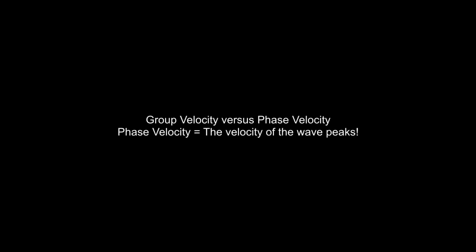Remember this. And then next, you have to be able to differentiate between the group velocity and the phase velocity. The phase velocity is the velocity of your peak. Your wave has many peaks, right? The velocity of the peak is actually the phase velocity.